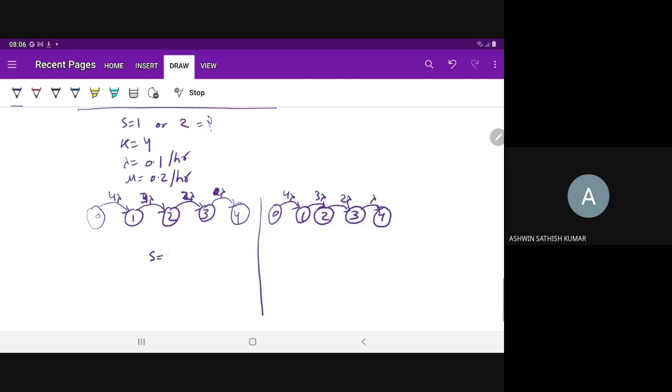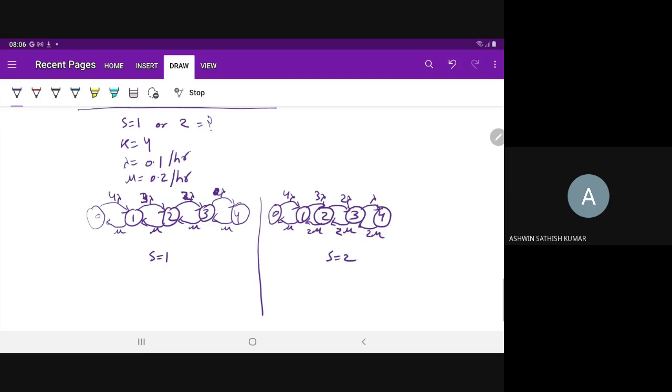If we take s equal to 1, then the service rate is mu. When we take s equal to 2, then the service rate will be 2 mu.